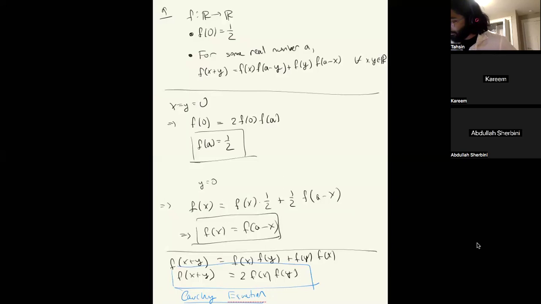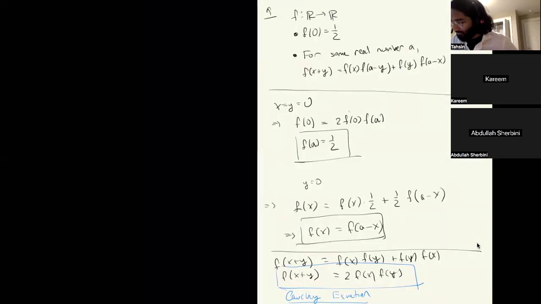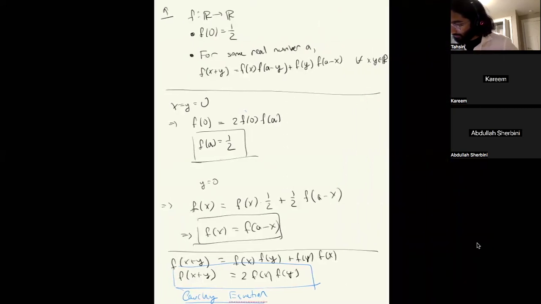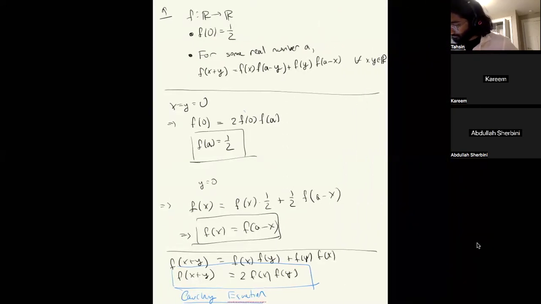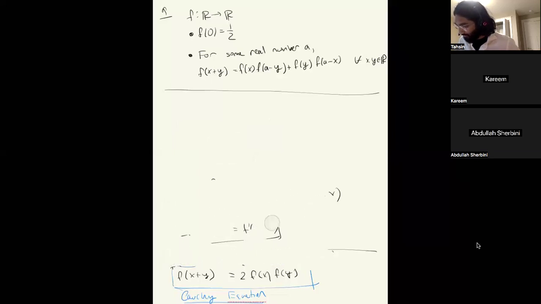So let me make some comments. This is a general comment. Cauchy equations.